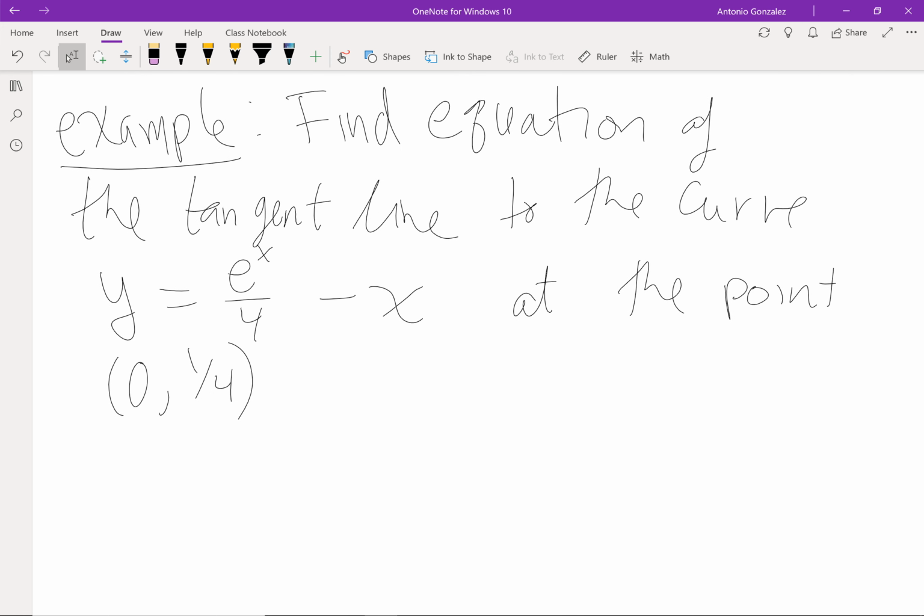Okay, so this is a problem that we would encounter in our first semester calculus course, right? Find the equation of the tangent line.